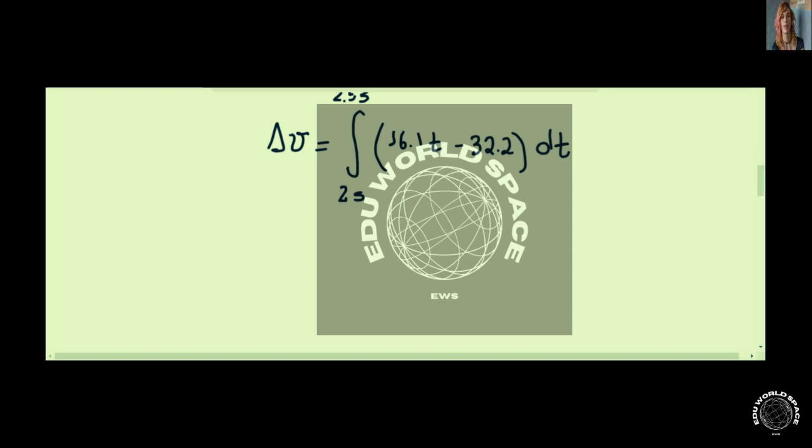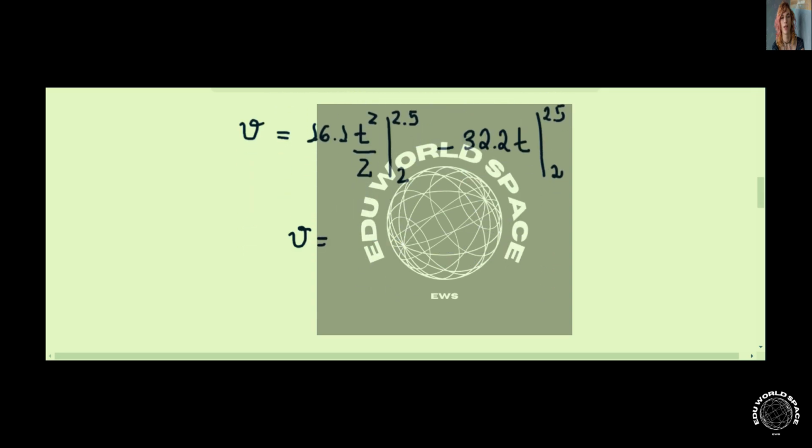The variation of the speed is the speed itself minus the initial speed, which is 0, and this is equal to 16.1 t squared over 2 from 2 to 2.5 minus 32.2 t from 2 to 2.5.